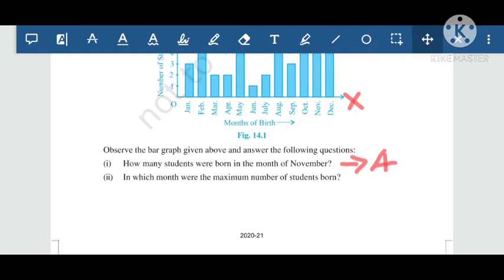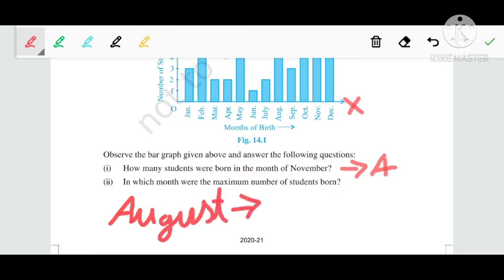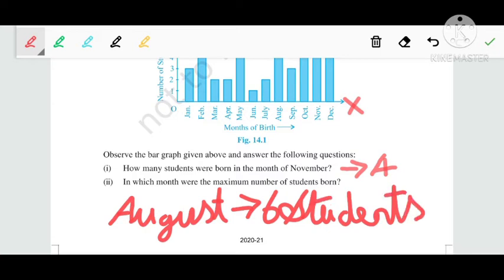So the answer for the second one, in which month were the maximum number of students born, is August, 6 students. You need not write any other step.